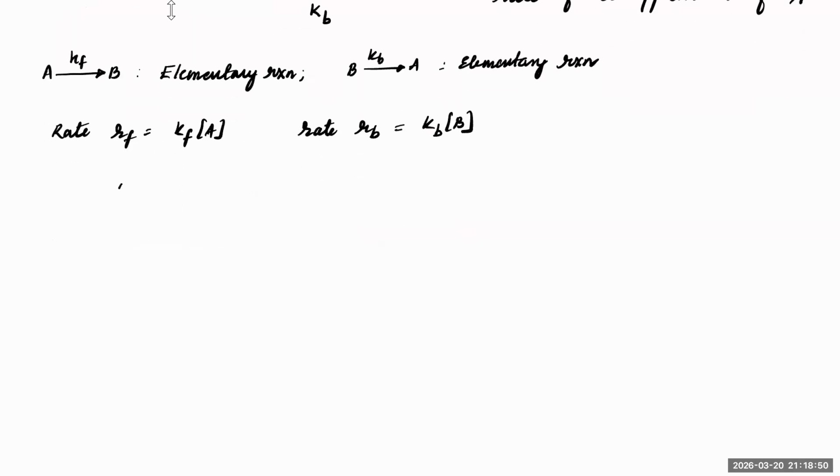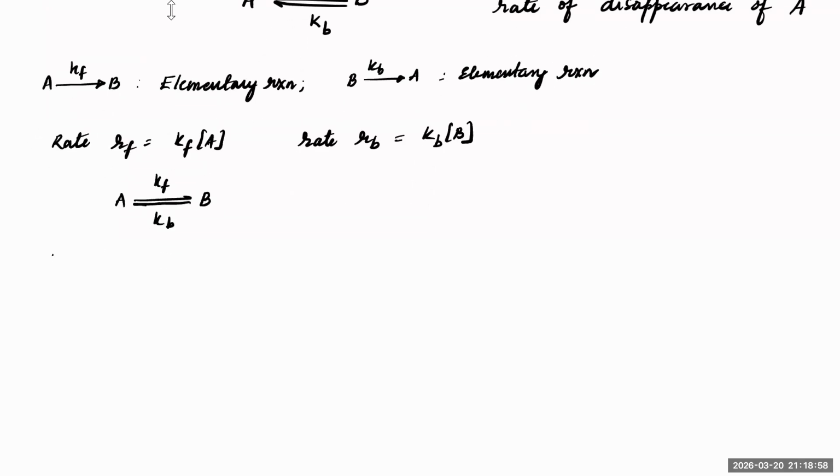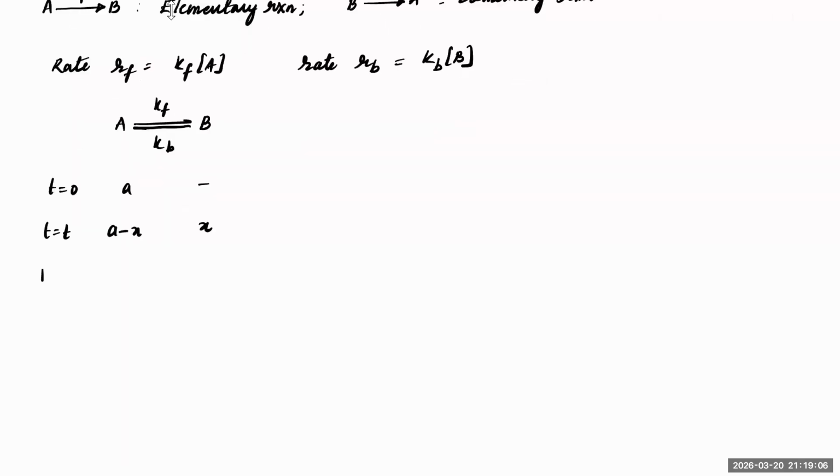Now let me write down this part, that A to B, if you compare Kf to Kb, at time t equal to 0 it is A, and at t equal to t, this will be A minus x and x. And at equilibrium, this will become A minus x equilibrium and x equilibrium. Got it?